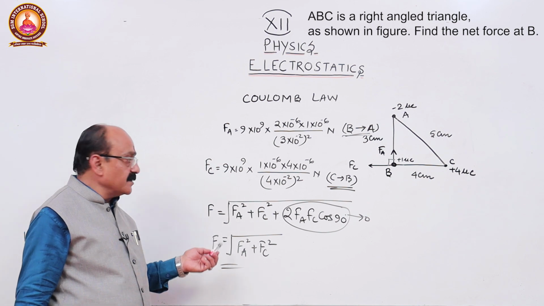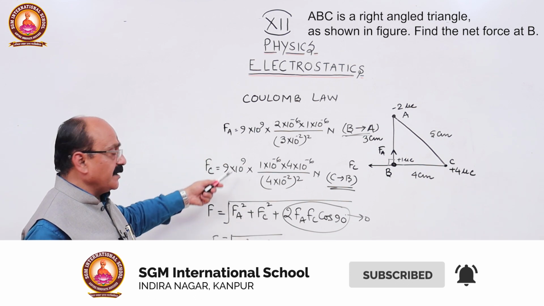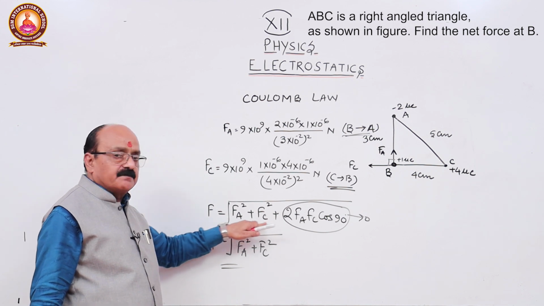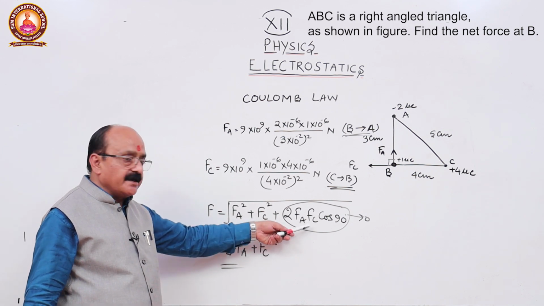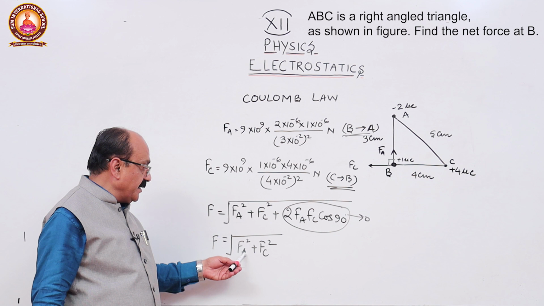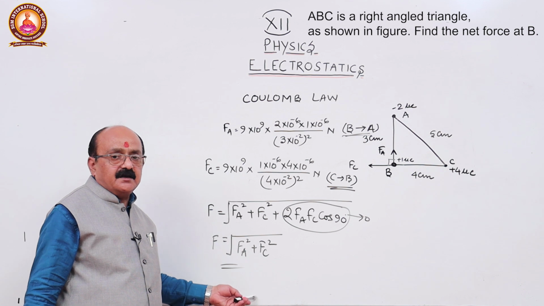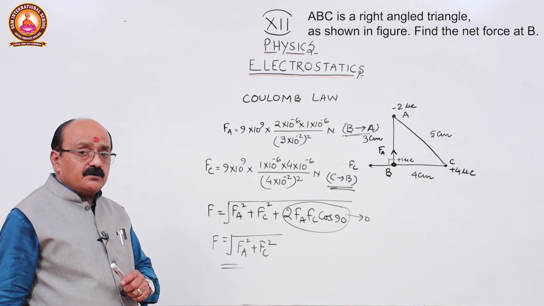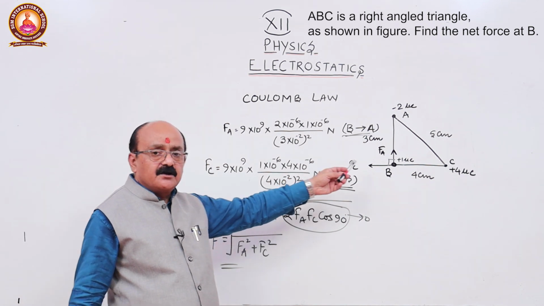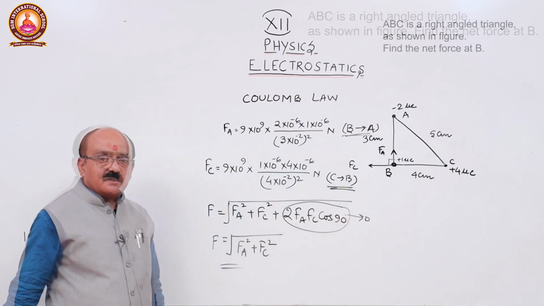I am repeating. When you find out FA and FC, solve them, find the units here, put these values in this law of parallelogram formula. Cos 90 is 0, this term becomes 0. You will get only FA square and FC square. Put these two values here, you will get the answer directly. If you want to find the direction, divide them FA upon FC, you will get the tan theta. This is the final solution of this question.